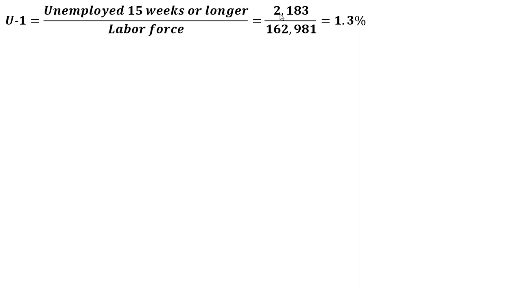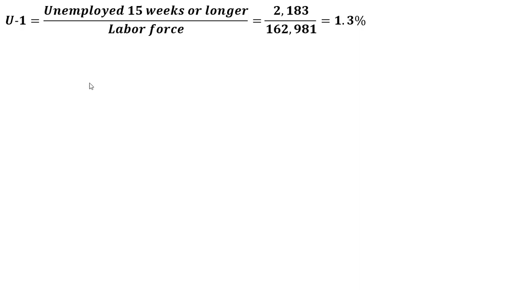These numbers are in thousands. So we've got a little over 2 million people, 2.1 million people in the United States that have currently been unemployed 15 weeks or longer, and we divide it by the United States labor force, which includes employed plus unemployed, and that is almost 163 million. So this measure of unemployment is just basically if you're concerned about long-term unemployment, not too concerned about short-term unemployment, you'd want to look at the U1 measure.